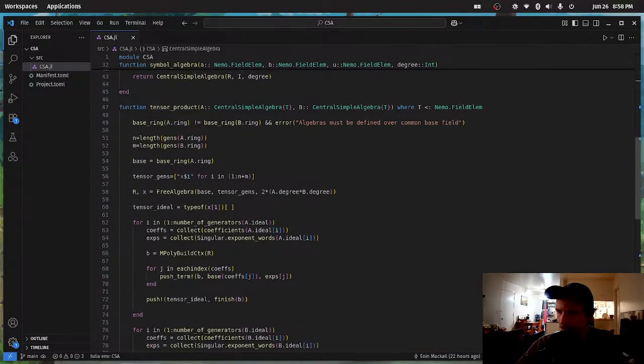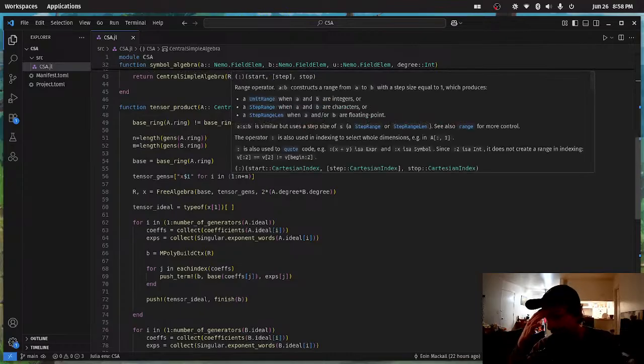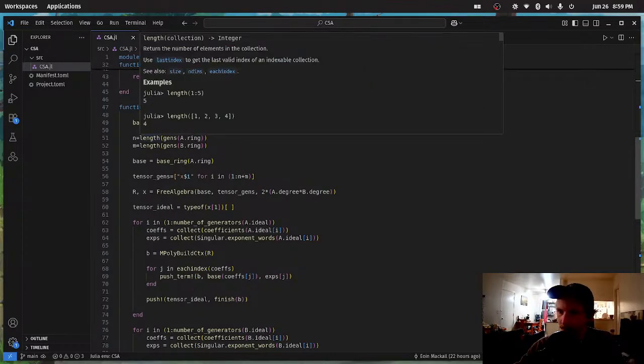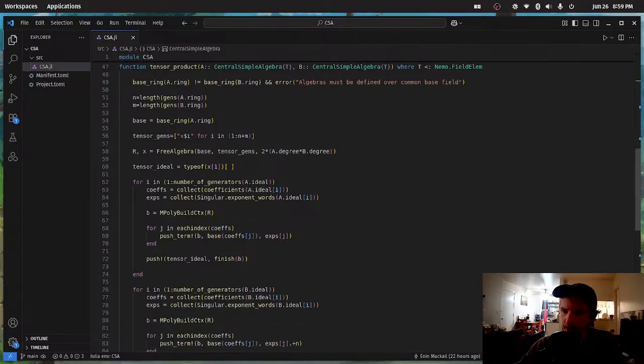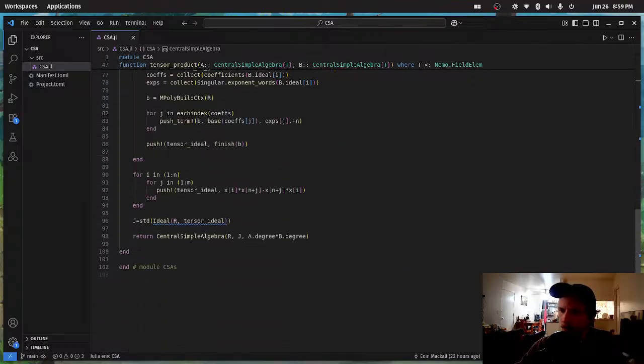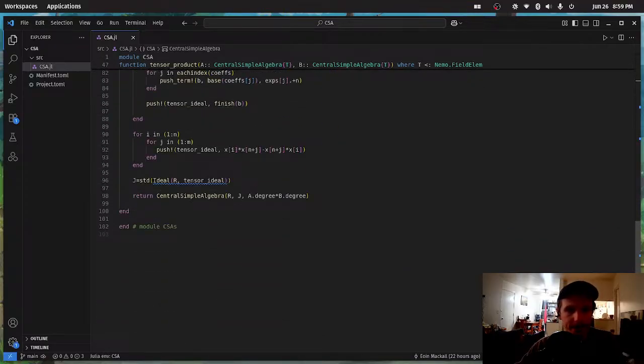And then we have a function tensor product, which creates the tensor product of two central simple algebras. So if we have one object A, a central simple algebra, and another object B, a central simple algebra, I got it working so that we can just input those and we get as an output a central simple algebra.